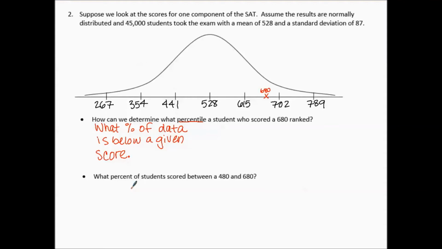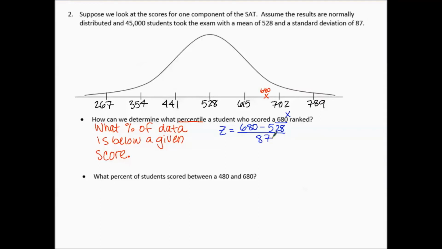Since 680 is not one of these numbers that we marked on our normal distribution, we need to find the z-score. And when we find the z-score, 680 is going to be our x. So z-score is going to be 680 minus the mean, which is 528, divided by the standard deviation, which is 87.